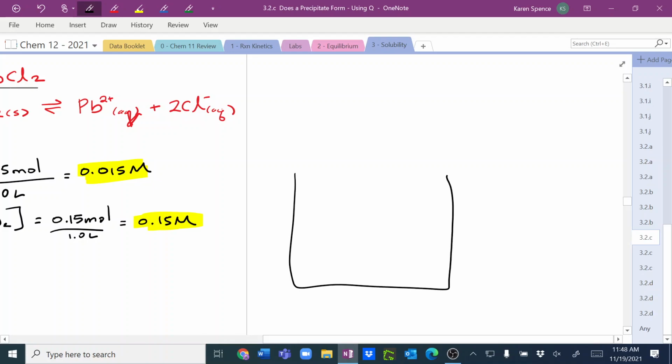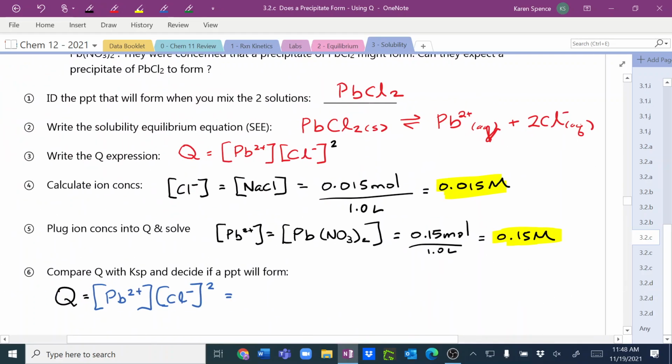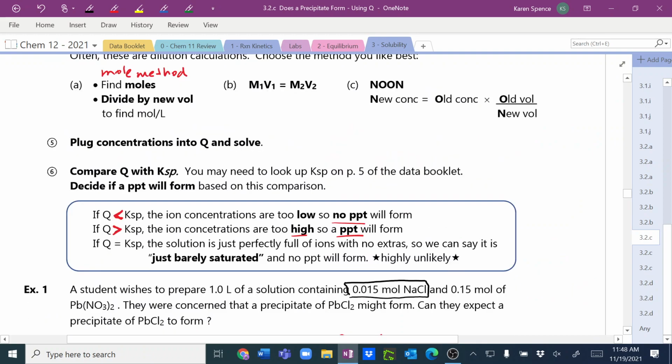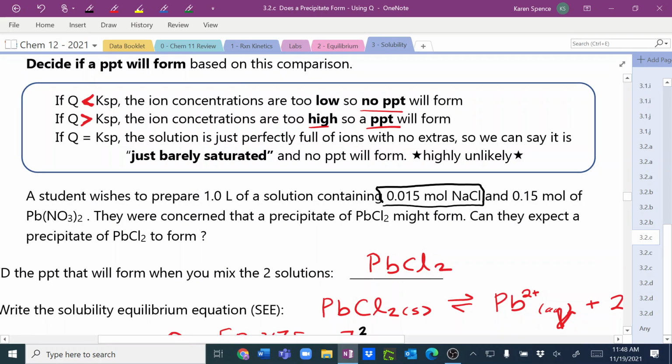If I take solid lead chloride and I dissolve it in water, then I get a 2-to-1 ratio. Is that what I did here? Did I take lead chloride and put it into water? No. What did I do?